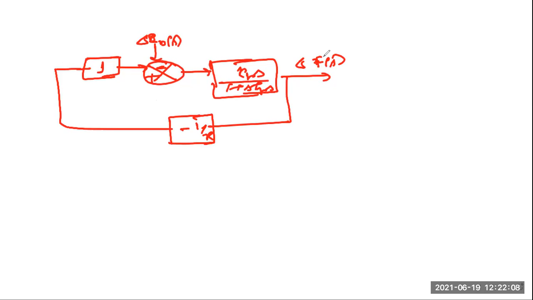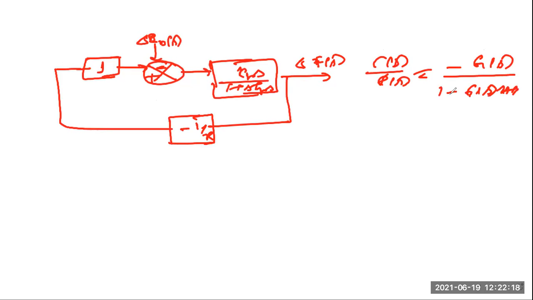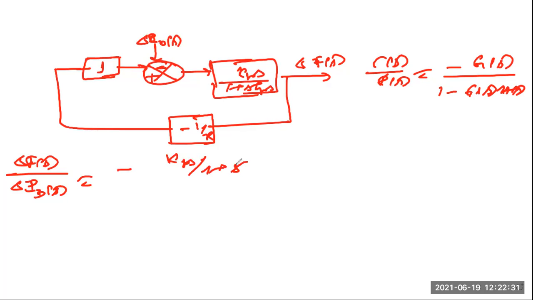And input is at negative. So CS by RS, for negative input we know this is minus GS by 1 minus GSHS. So here also the delta FS by delta PDS. So your GS is minus GS, so KPS by 1 plus STPS and 1 minus.